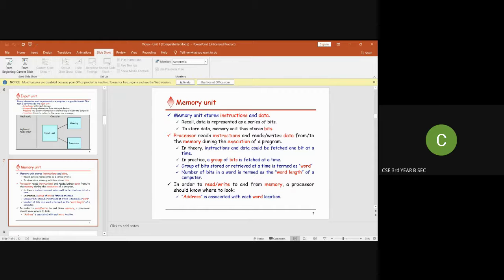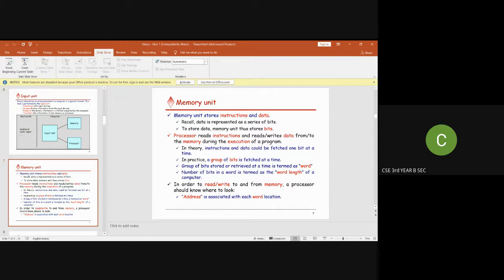Based on this word length, we install our operating systems. We can call it a 32-bit operating system, 64-bit operating system, or 128-bit operating system. This 32-bit, 64-bit, 128-bit is the word length of the particular processor.